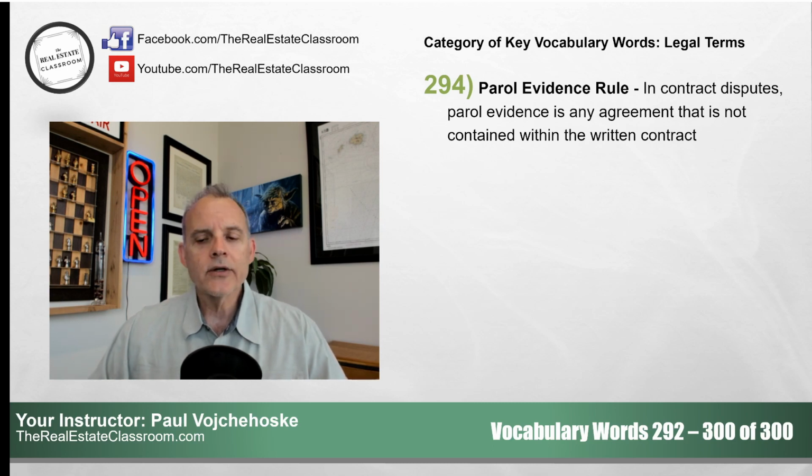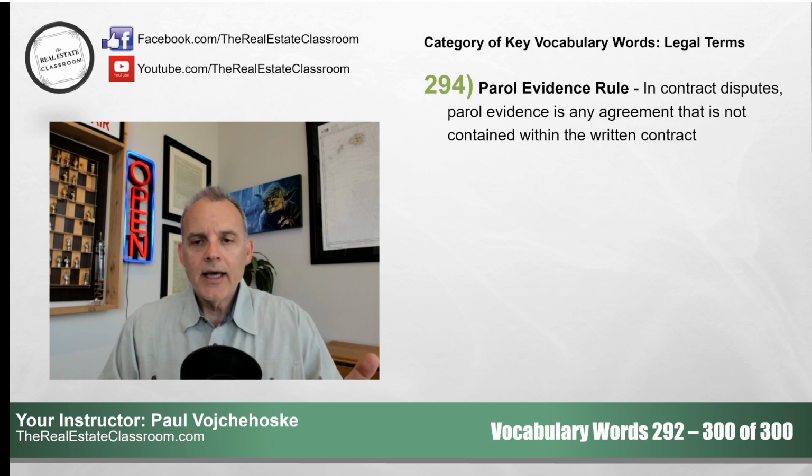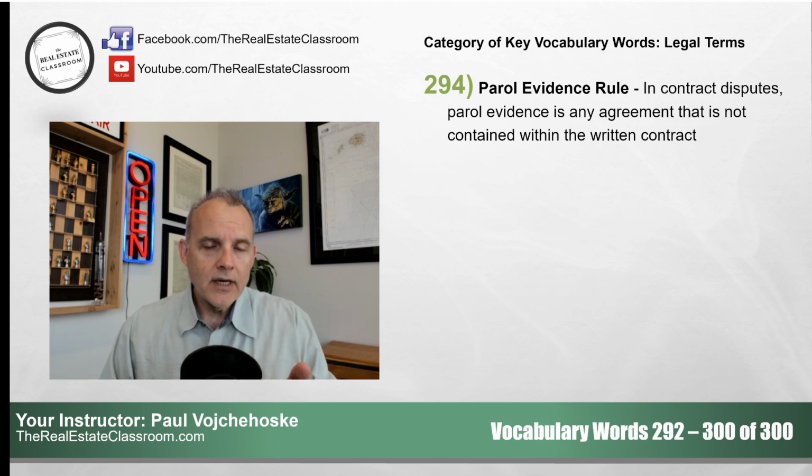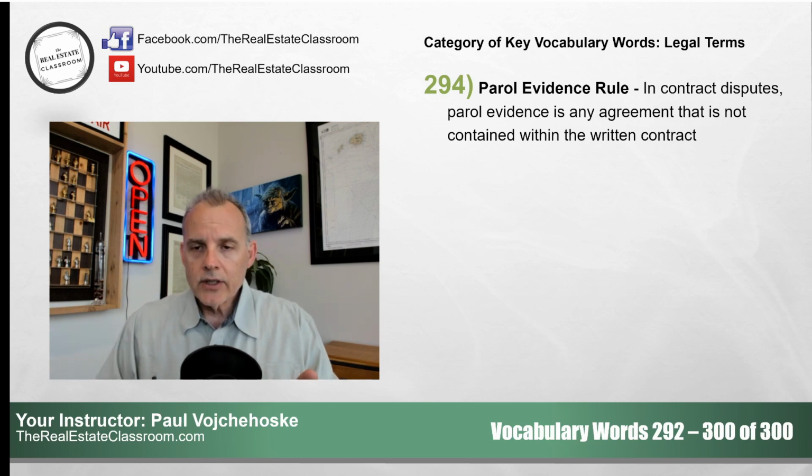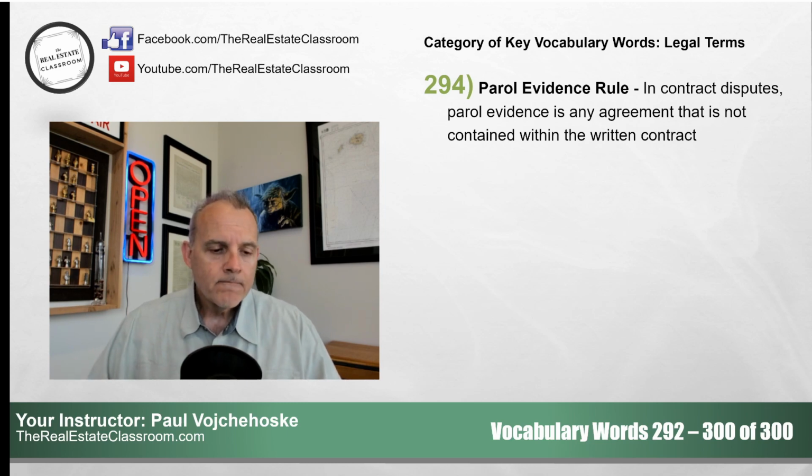So let's say the buyer and seller enter into a purchase agreement, and let's say the purchase price is $100,000. But after the time that the buyer and seller execute the contract, but it hasn't closed yet, that period between contract and close, the buyer and seller verbally agree to up the price $20,000, but they don't put it in writing as an addendum or an amendment to the contract.